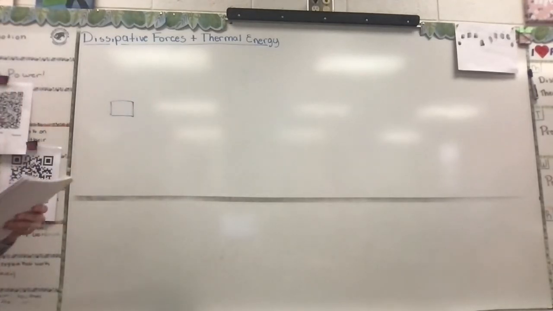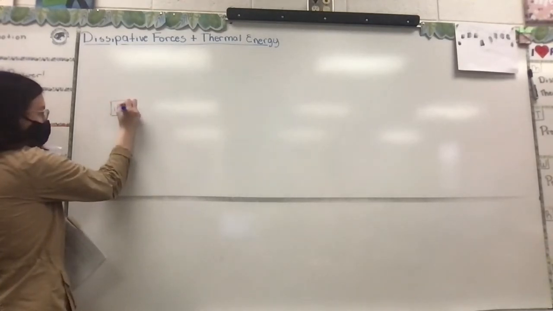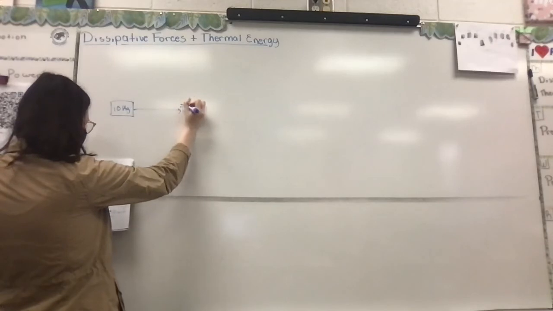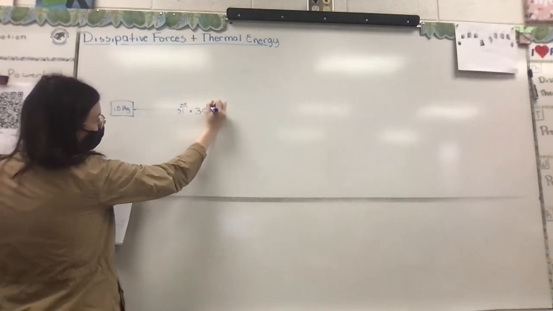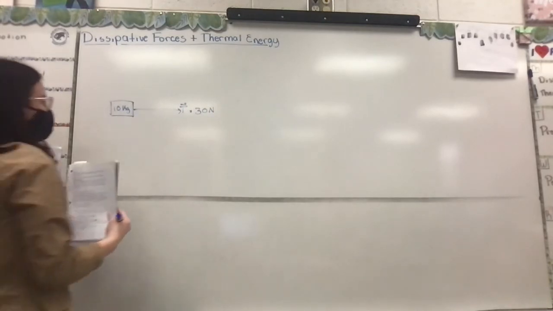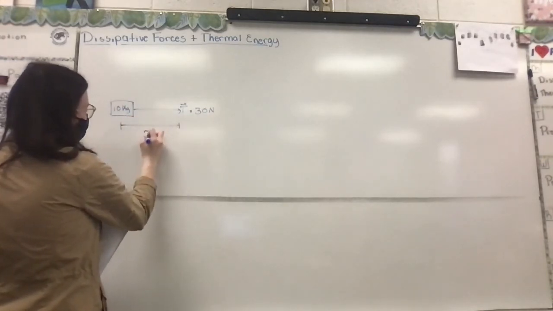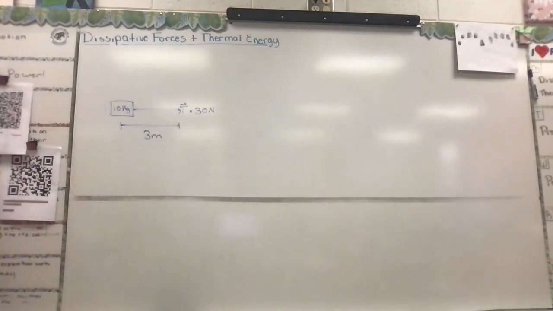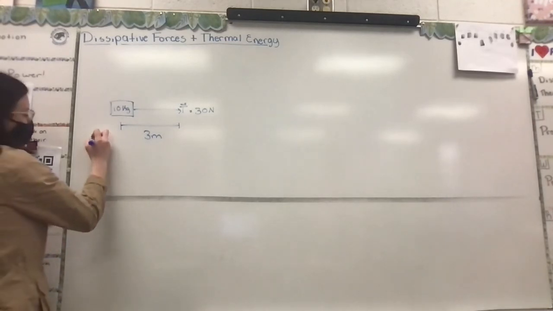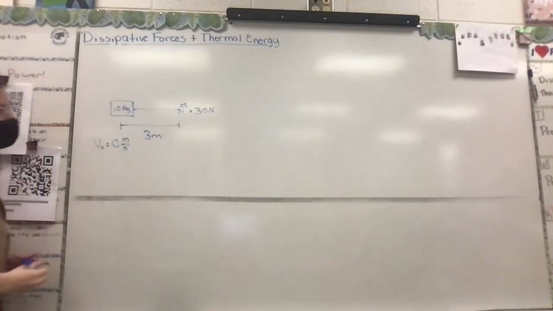The crate has a mass of 10 kilograms, and it's getting pulled by a rope with a tension of 30 newtons. It's going to move a total of 3 meters across the floor. And it's starting from rest, thankfully. I always like when things start from rest. So v naught is going to be 0 meters per second.